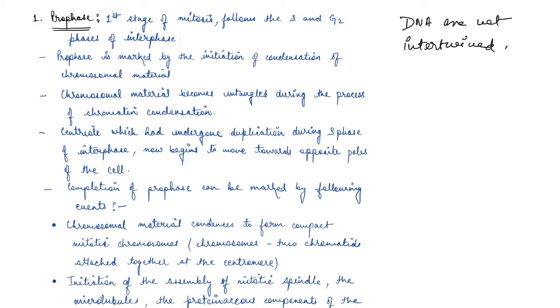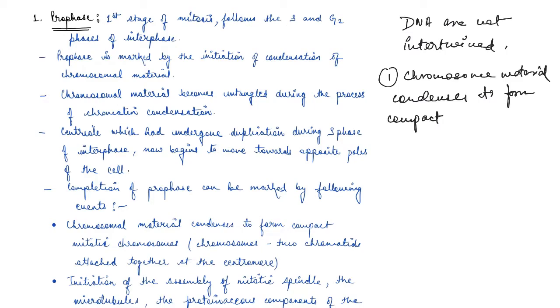So the first thing in prophase is that the chromosome material condenses to form compact mitotic chromosomes.